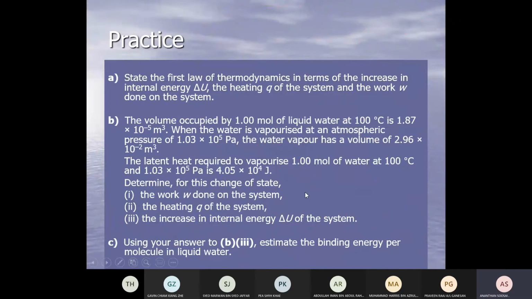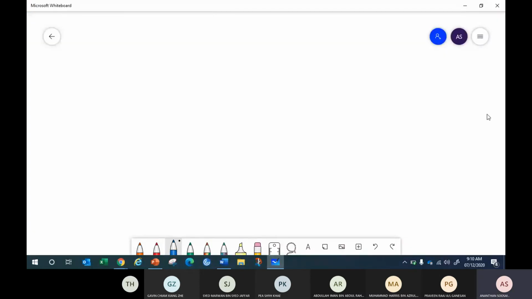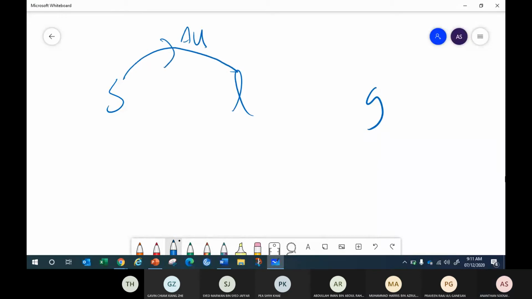Okay, before we go to this, I need to tell you something. Back to the whiteboard. Solid, liquid, gas. Solid to liquid, changes of U is moving from solid to liquid. Is changes of U positive or negative?